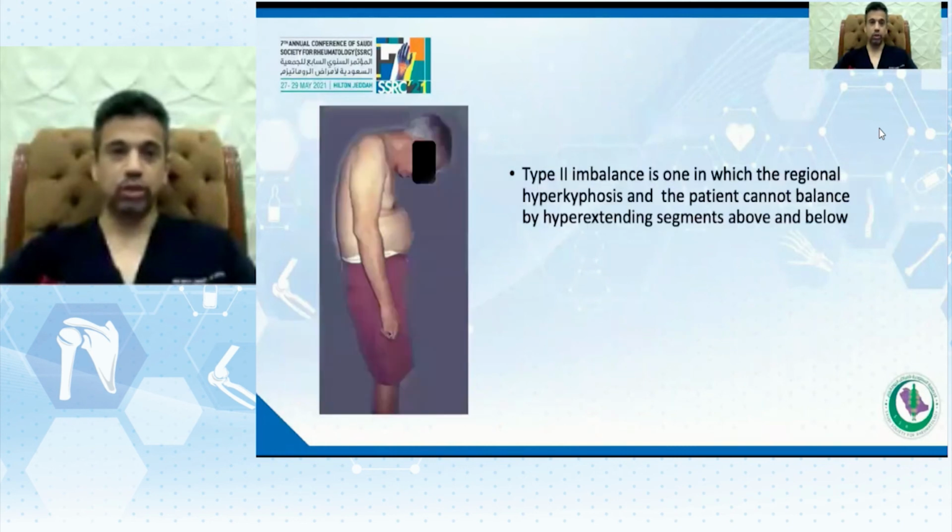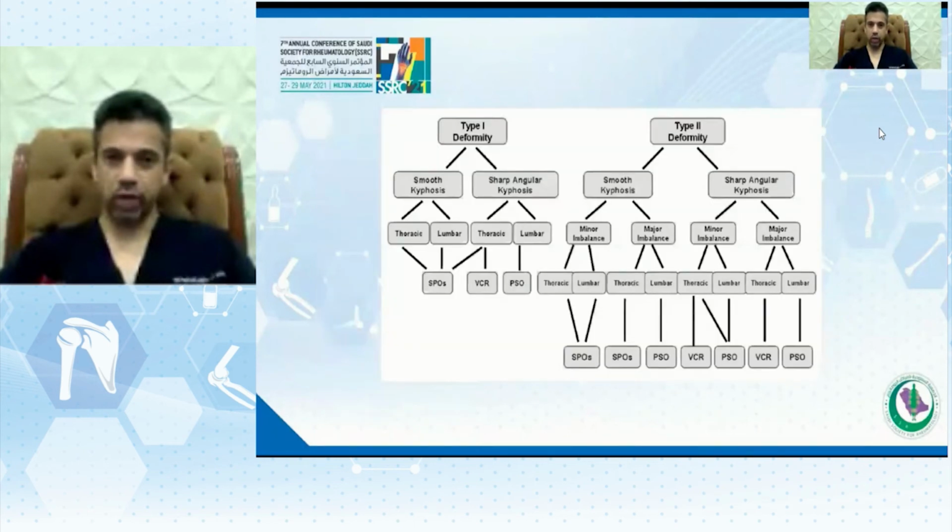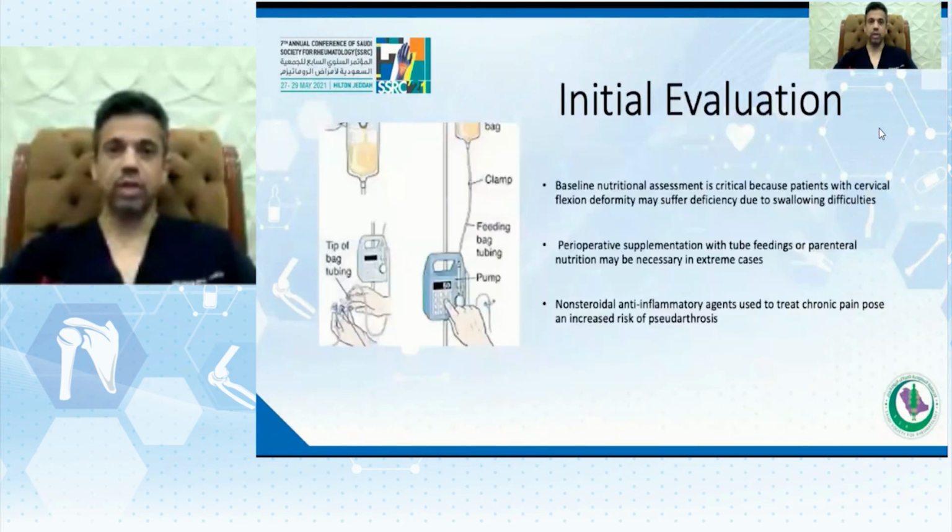Type 2 is when not enough compensation can be made, so the patient is completely off balance. We look at the parameters clinically and radiologically and see the type of deformity. Is it smooth or sharp? We pick which side is more significantly involved, thoracic, lumbar, or even cervicothoracic, and we pick the type of osteotomy.